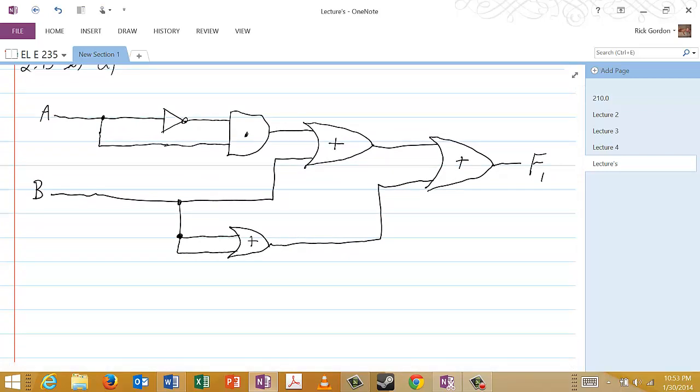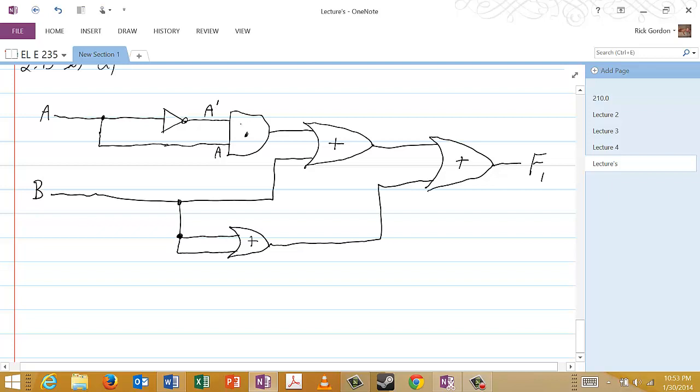Well, we'll start up here with the A input. We know that the input A will be coming along this line for the second input of this AND gate. And for the top input of the AND gate, our analysis goes as follows. We have A coming into this inverter, but then when that gets inverted, we have a complement.